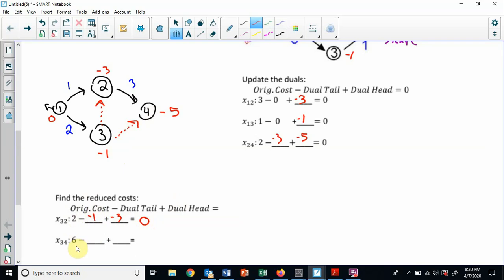The original cost was 6 minus the dual head plus the dual tail. And so this ends up being positive, so definitely not attractive. Not attractive. Okay, so notice we have no attractive cost, so nothing's attractive.